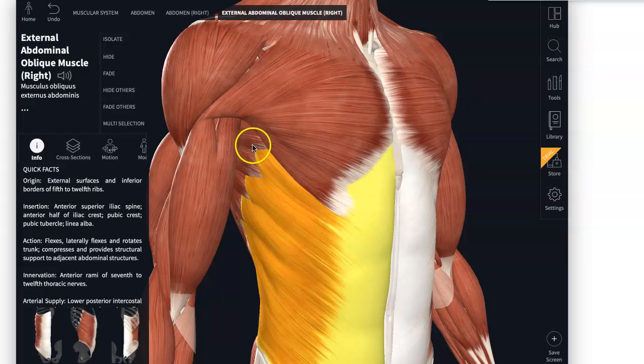And here is the external oblique, the serratus anterior. So when we get to these muscles here, the serratus anterior, it'll be easier for you to visualize. So that is your external oblique.